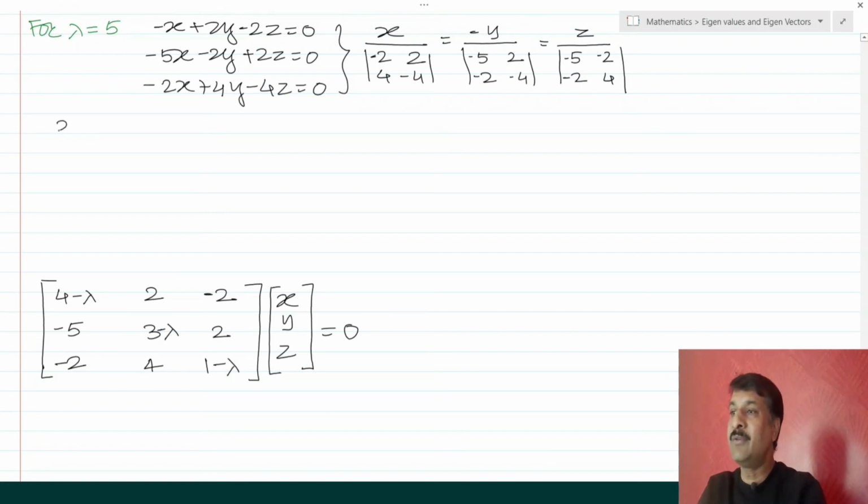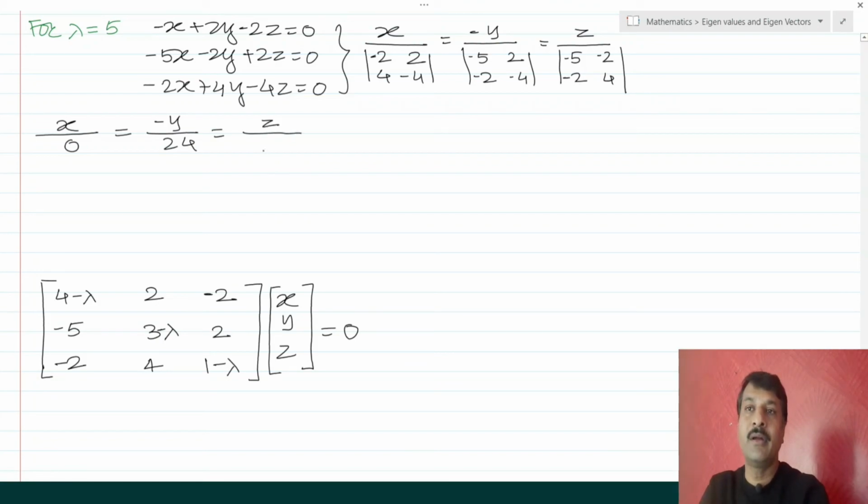So what are the values of x, y, z? You find here it is 8 minus 8, 0, minus y upon, it is plus 20 plus 4, 24, and z upon minus 20 minus 4, minus 24, and that is why x3 equal to 0, second negative, third negative. So divide by minus 24, I am getting 0, 1, 1, that is your x3.